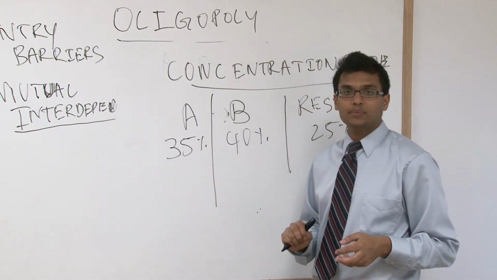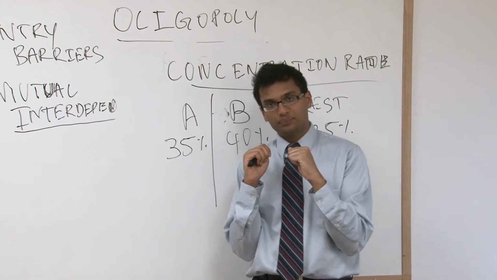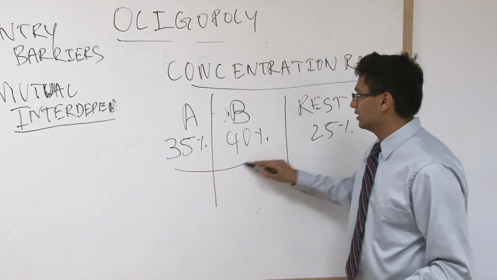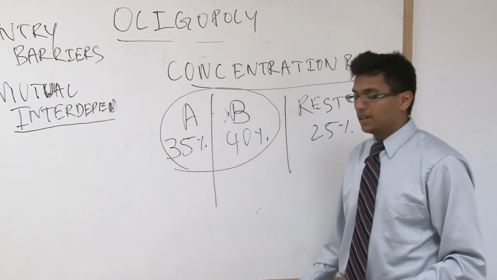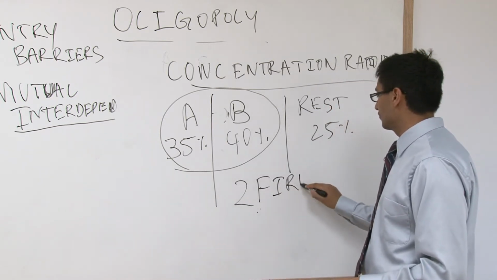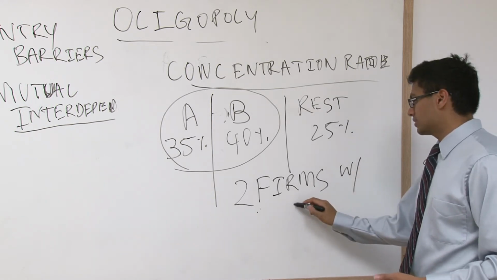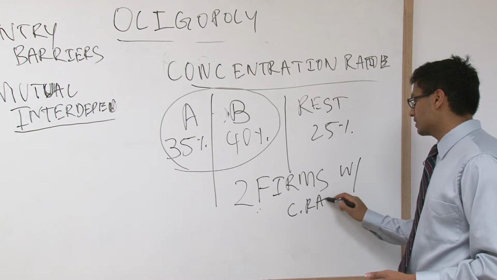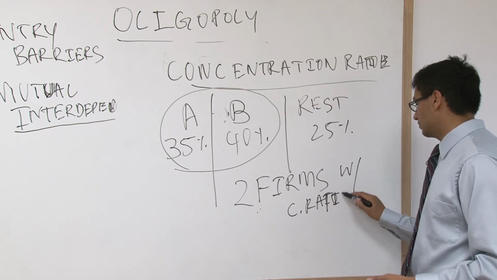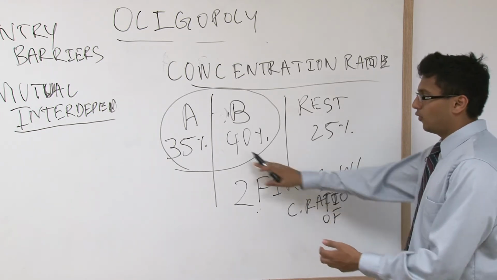In a concentration ratio, the way we describe the market is we take the two largest, or whoever's the largest chunk, and we say that there are two firms with a concentration ratio, I'm going to say C ratio, that stands for concentration ratio, of 40 plus 35.